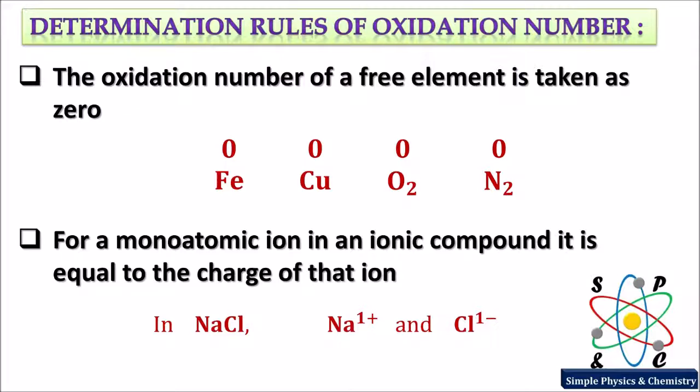Here sodium has +1 and chlorine has -1. These are the oxidation numbers. Sodium releases one electron easily and becomes a positively charged ion, and chlorine does the opposite: it can take one electron easily and become a negative ion. So it depends on their charge.